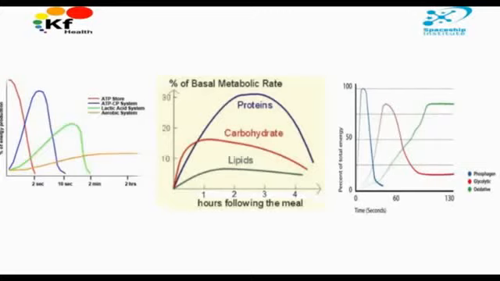Proteins are more like a plateau of released energy, because as you see, they are supposed to metabolize to the point to reach the cycle of Krebs, or to be included as a part of the carbohydrate metabolism.